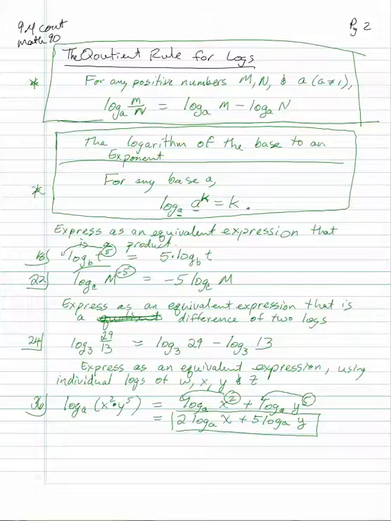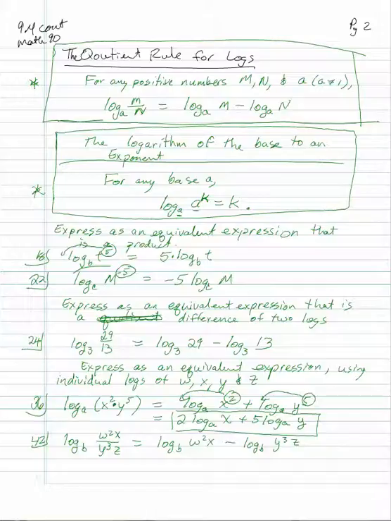Let's try number 42. Now what I tell my class, usually, I'll show the step here. So first thing I'm going to do is split it, minus the top one minus the bottom one. So log base b of w squared x minus log base b of w cubed z.